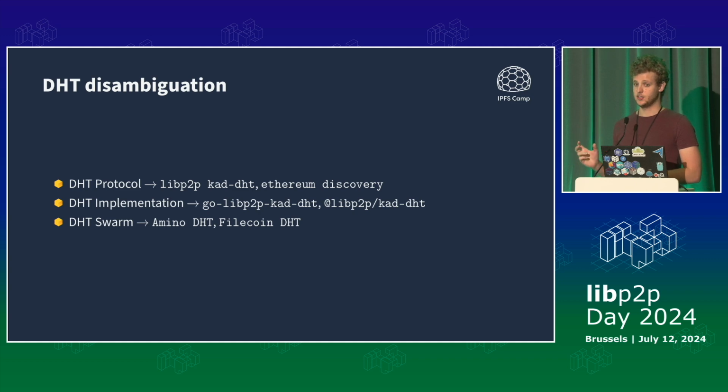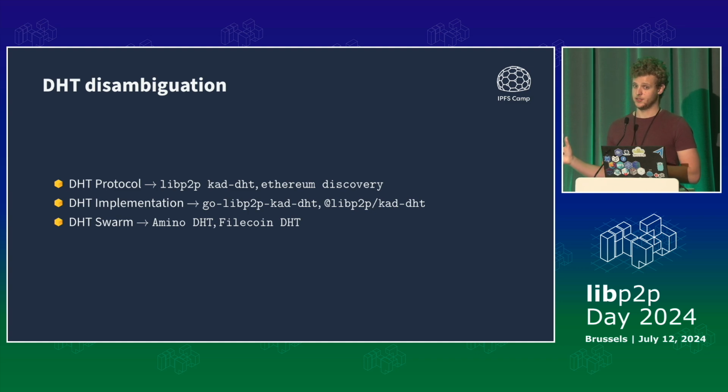And then there is the DHT swarm, which is basically a deployment of DHT implementations. That is nodes that are connected to each other, basically a swarm of peers. But what's tricky is that, for instance, the Amino DHT and the Filecoin DHT are both instances of the libp2p Kademlia DHT protocol, but they are separate networks.